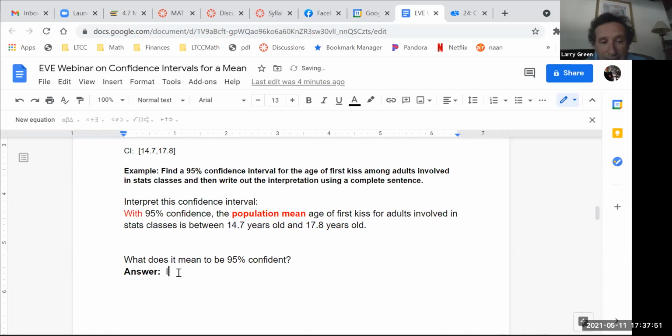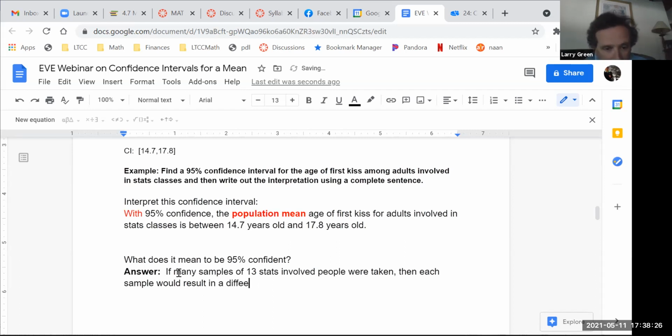So what it says is that if many samples of 13 stats involved people were taken, then each sample would result in a different confidence interval.